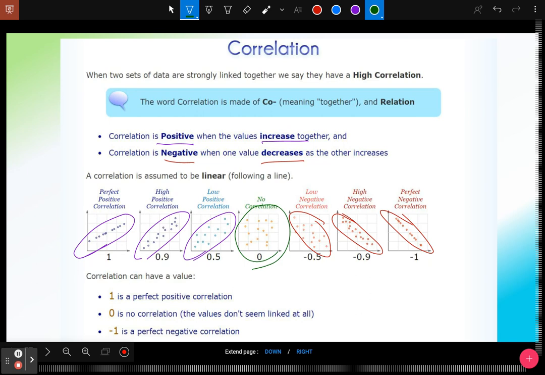So the closer it is to a positive 1, so a 0.9, a 0.99, close to a 1, is getting closer and closer to perfect. Just like 100% is a perfect score. So the closer you get to 0, that's no correlation.